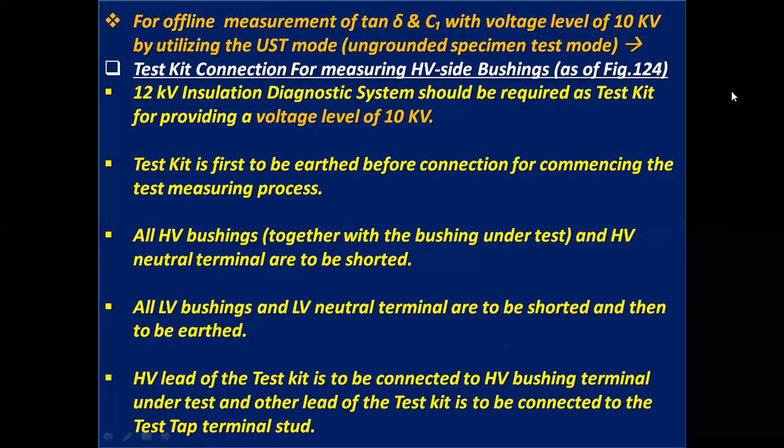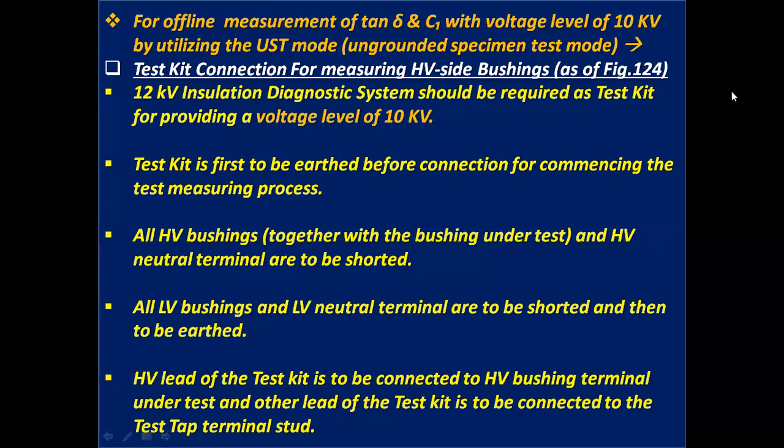Very vital: the test kit is first to be earthed before connection for commencing the test measuring process. All HV bushings together with the bushing under test and the HV neutral terminal are to be shorted. All LV bushings and the LV neutral terminal are to be shorted and then earthed.